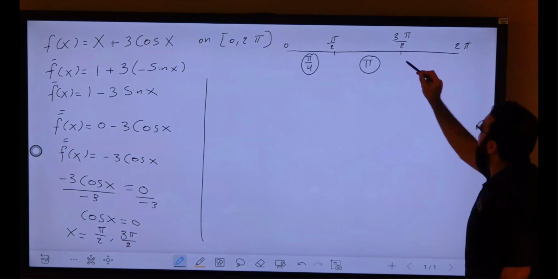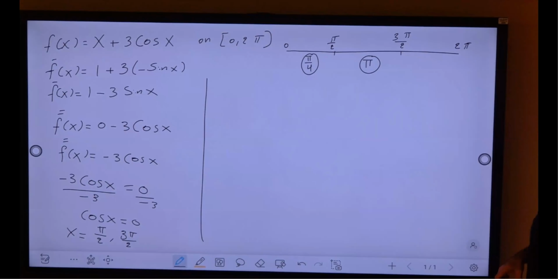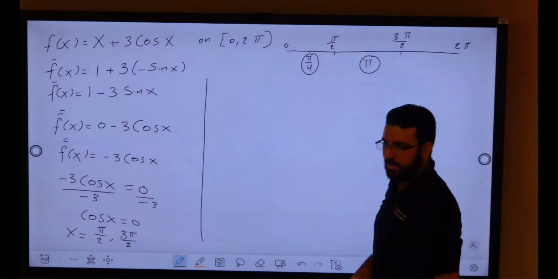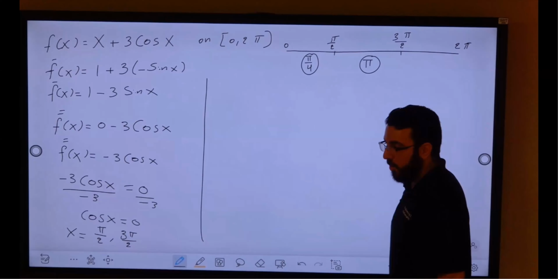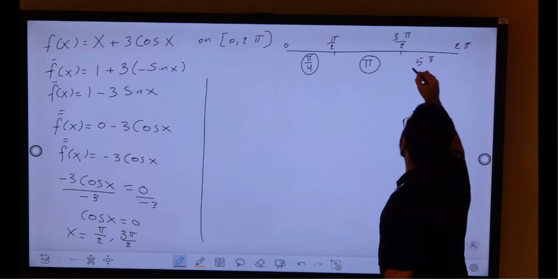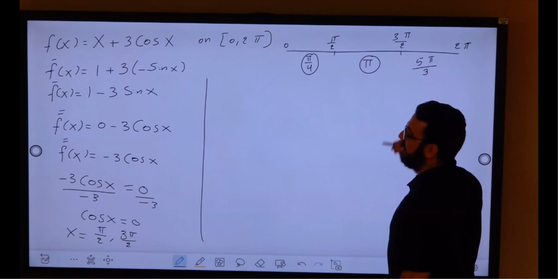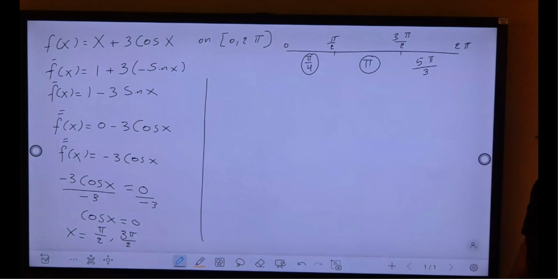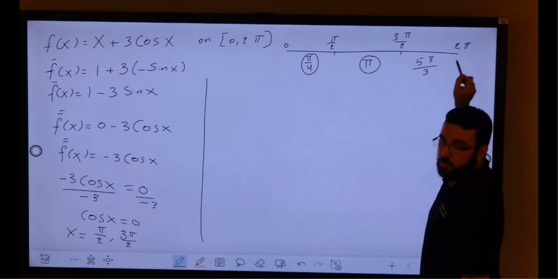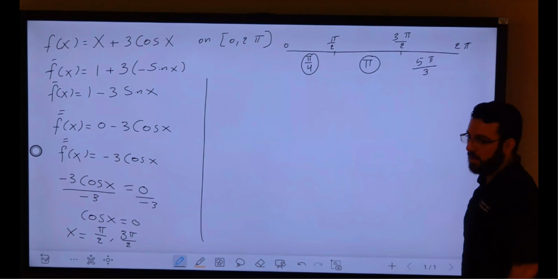Between 3 pi over 2 and 2 pi, 5 pi over 6? No, that's too much. 5 pi over 3, which is 5 times 180 divided by 3, is going to be 300, which is less than 2 pi, which is 360. So here is my next one.